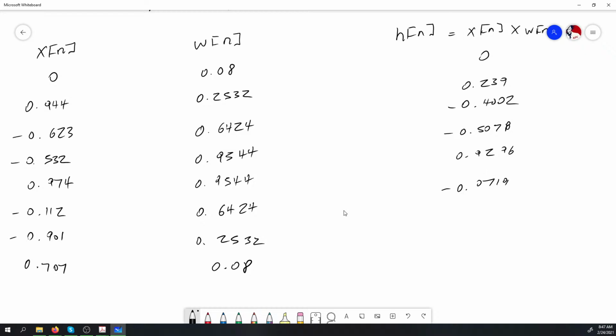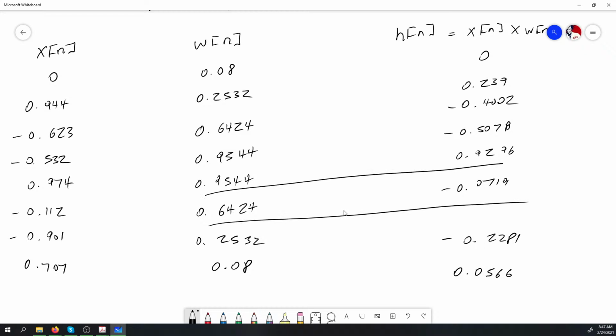Wait, am I missing another value again? No, I'm not missing values. I'm just not lining them up properly. Minus 0.81 and 0.05. All right, nice. So we just draw some connecting lines here.